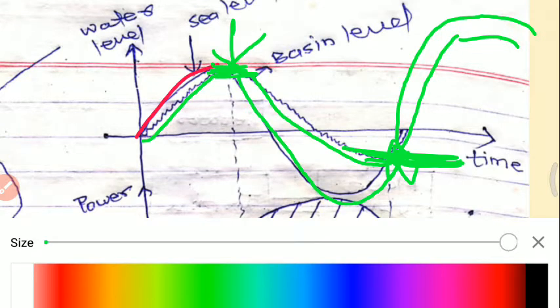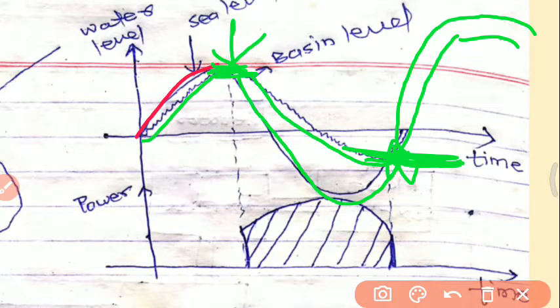So when the gates are closed, the water starts passing through the turbine, and this is the point where power generation starts. So if we see the power generation, here when the gates are closed, the water starts flowing through the turbine, and the generation of the power starts.